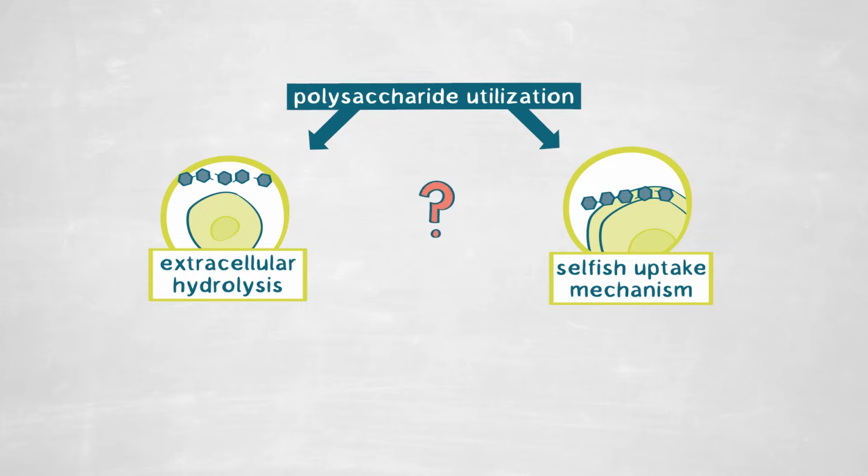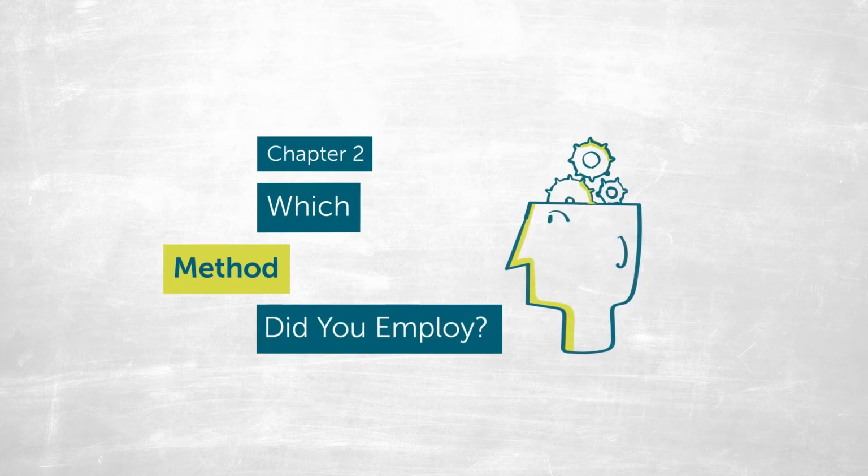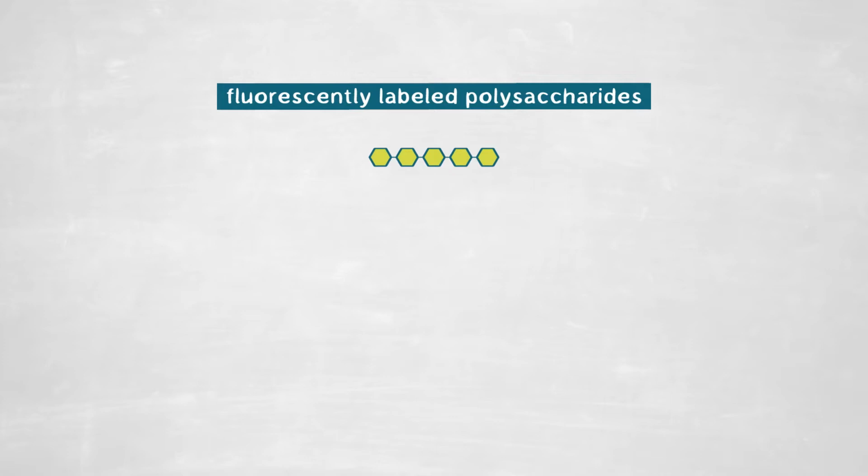We are mainly interested in looking into the balance of which of both mechanisms is used and which bacteria have the capability to use these mechanisms. We can look at both the selfish uptake but also the extracellular hydrolysis of polysaccharides within just one experimental setup, and therefore we use fluorescently labeled polysaccharides, in short FLA-PS, which are fed and incubated with the bacterial community.